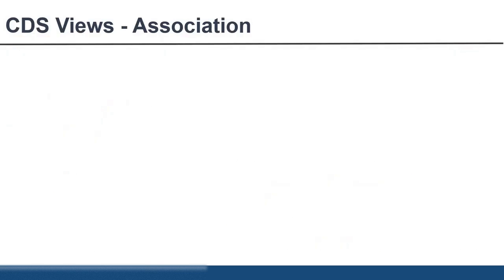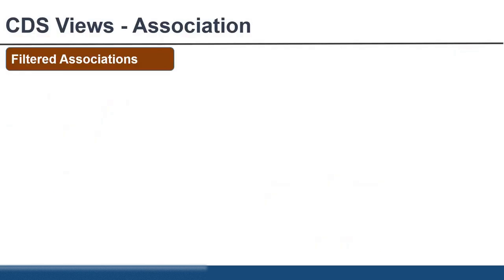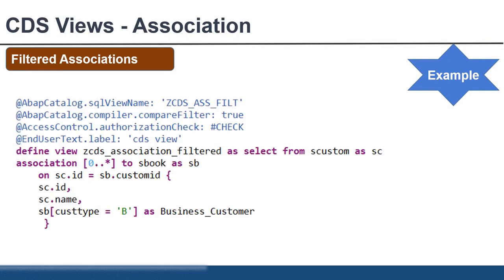Now we'll see some examples of filtered association. Here's the example. If you see, it's like the exposed CDS except that we specify a filter condition along with the exposed view or the table.